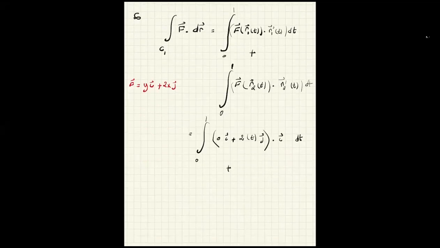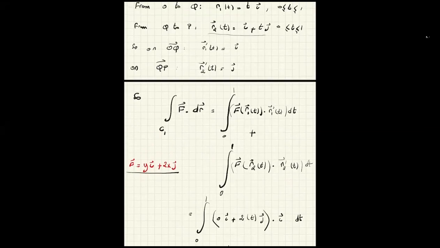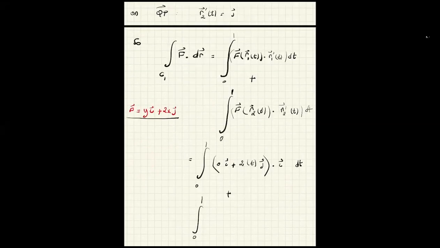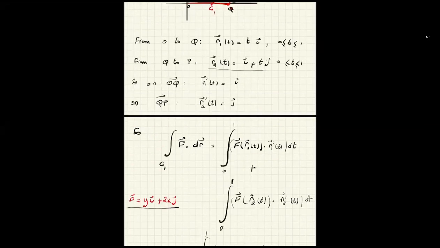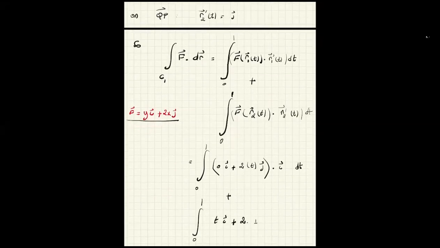Plus the exact same thing from 0 to 1, now on the curve R2. What is my y? My y is given by t, so it's t I plus 2 times x on R2, which is fixed at 1, so 2 times 1 j.